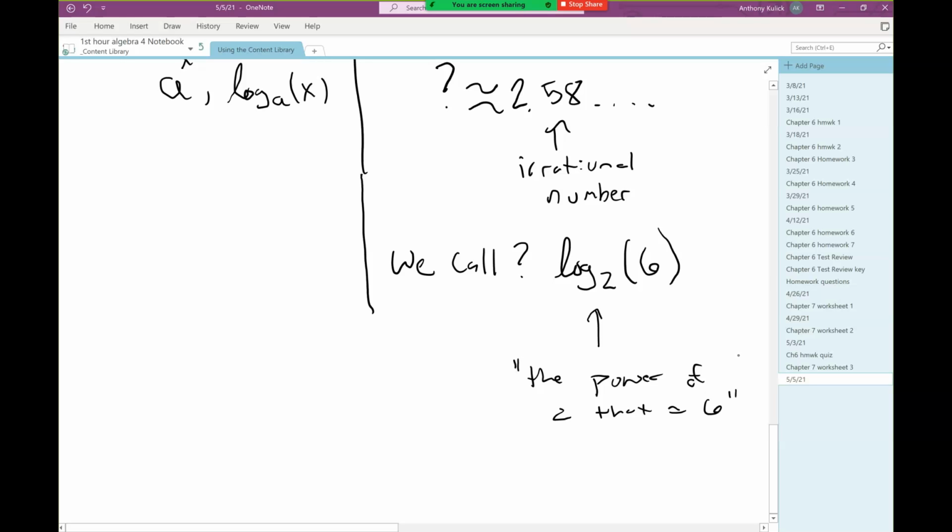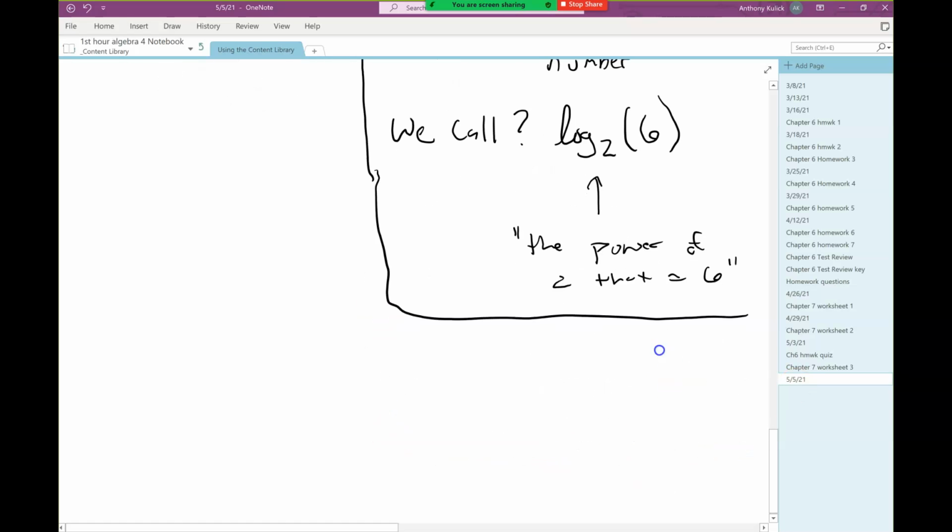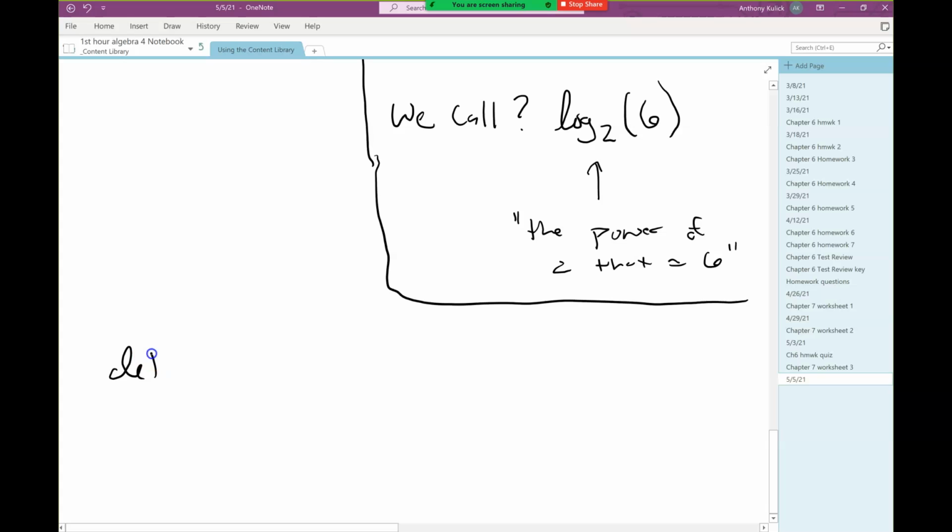So that's basically what that number is representing. That's going to give us our definition for our logarithm.